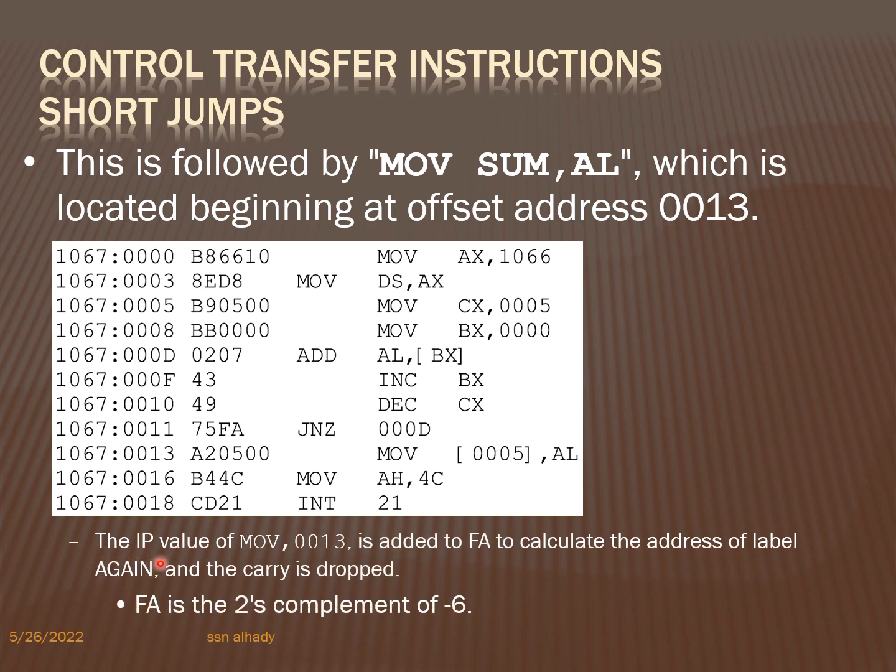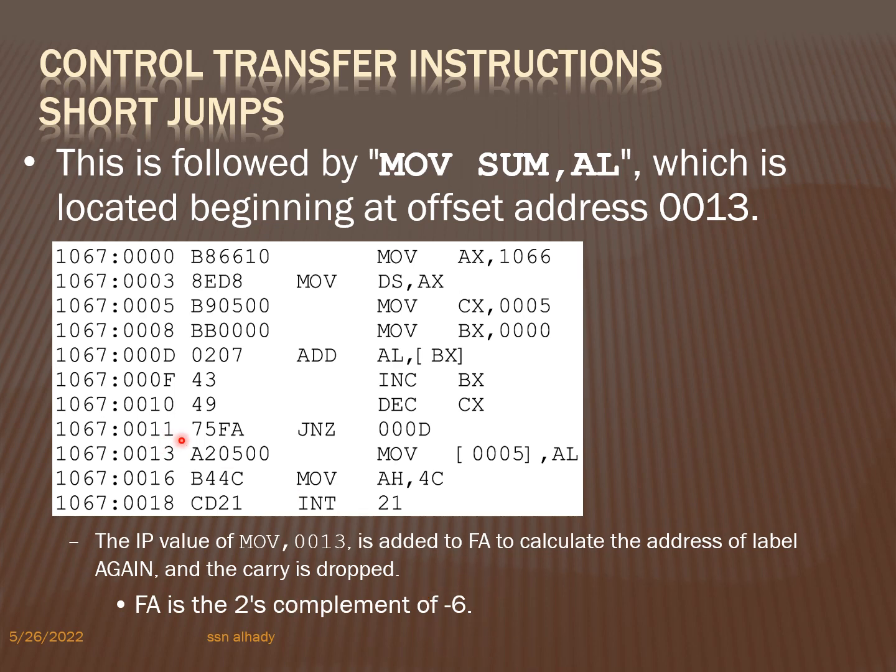The IP value of move sum AL is 0013. FA is added to calculate the address of label again, and the carry is dropped. FA in two's complement is -6.